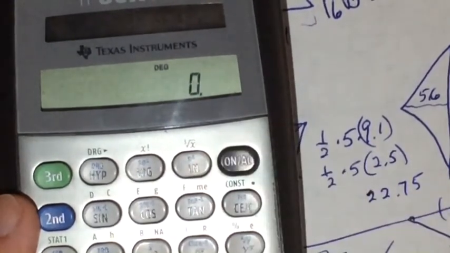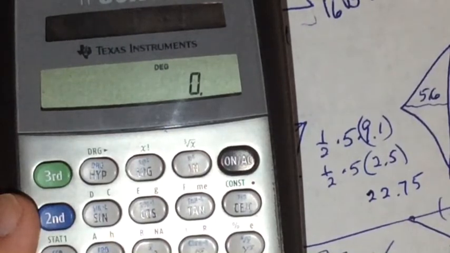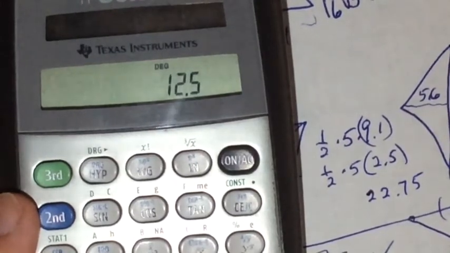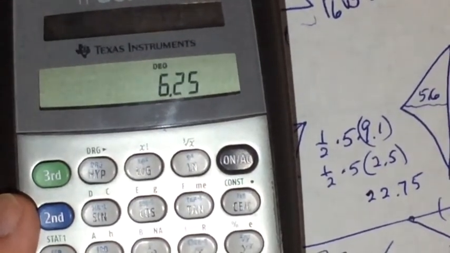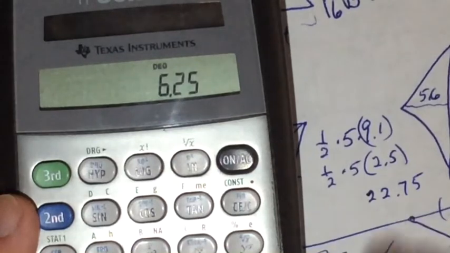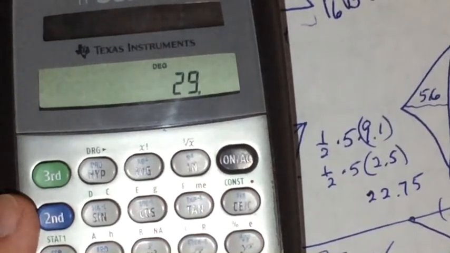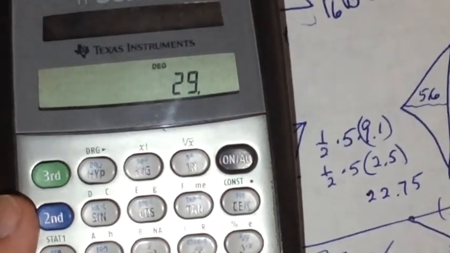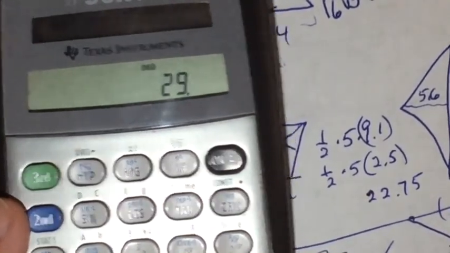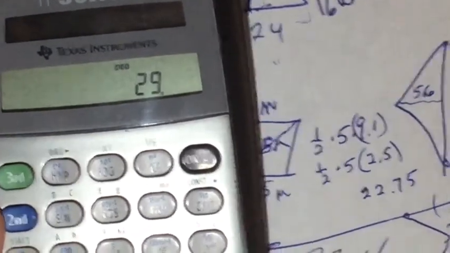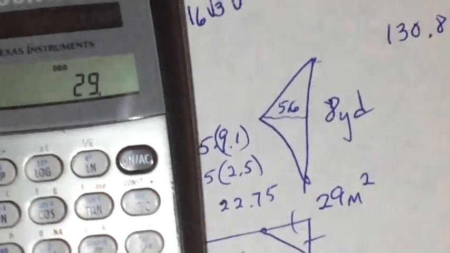And what else have we got here? 5 times 2.5 divided by 2 equals 6.25. If I add 22.75 to that, I get 29. So the area here was 29, what were they, meters? Meters squared. 29 meters squared.